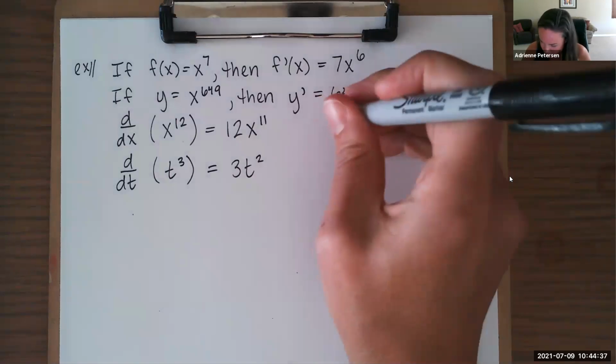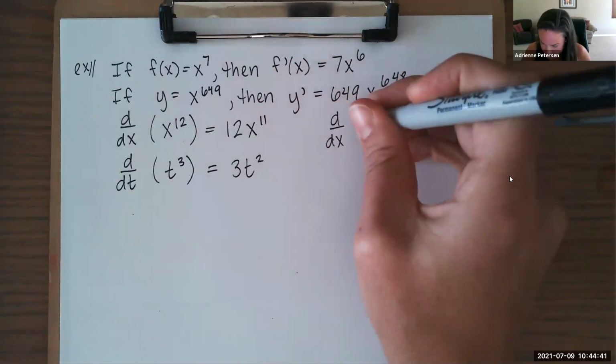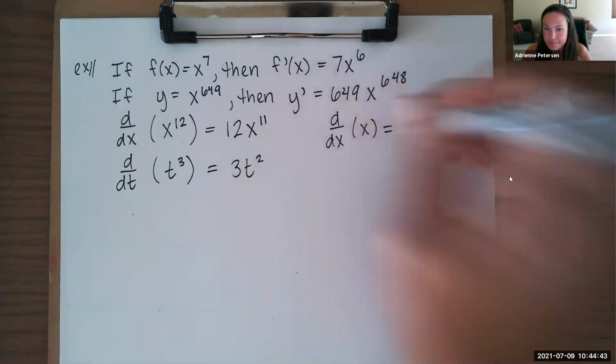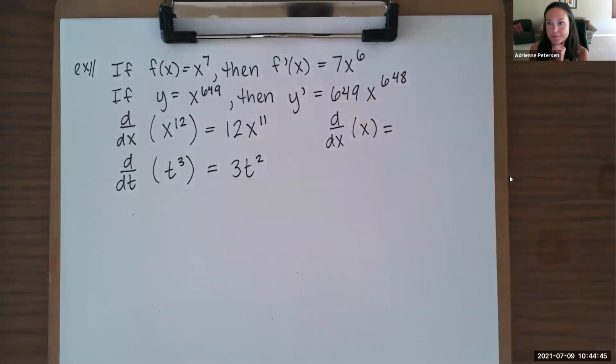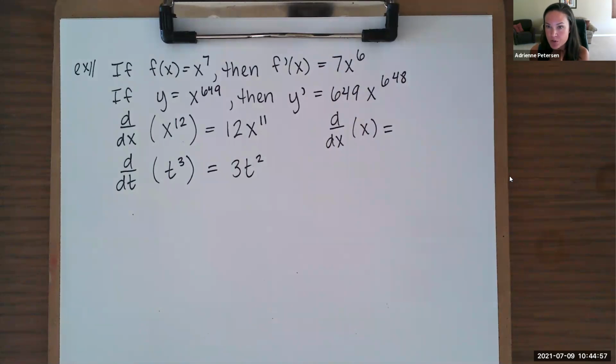How about, what is the derivative with respect to x of x? What do you guys think the derivative of just plain old x is? Okay, this one's a little bit tricky.